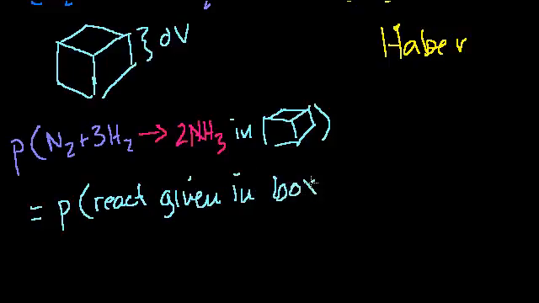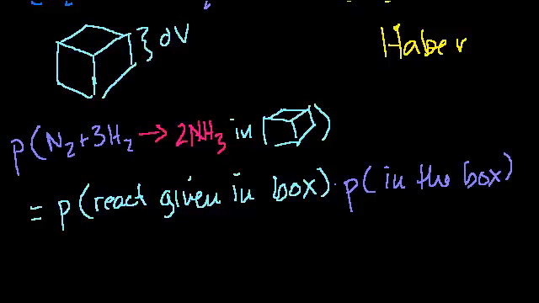If you have one nitrogen molecule, which has 2 nitrogen atoms in it, and 3 hydrogen molecules, there's some probability that they're going to react based on their configurations and their kinetic energy and how they're approaching each other and all of these different things. So this is the probability that they react given that they're in this little box of dV. And then, of course, you have to multiply that times the probability that you have the constituent particles in the box.